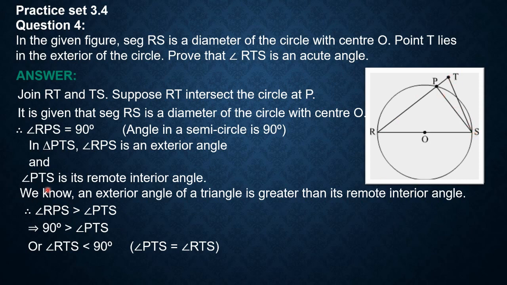So angle RTS is less than 90 degree. We know that an angle which is less than 90 degree is an acute angle. Hence, we can conclude that angle RTS is an acute angle.